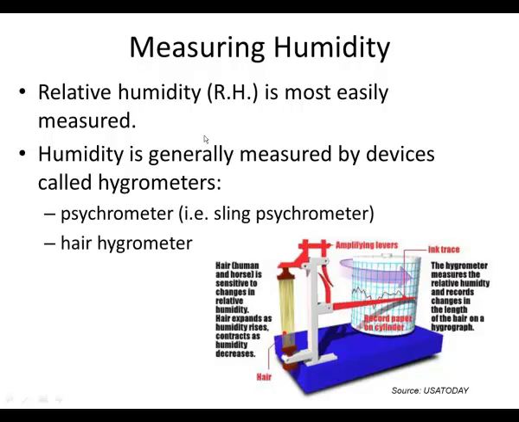Depending upon how kinky or relaxed the hair is in responding to the water vapor in the air, that moves this. You might recognize this drum from when we looked at how you take temperatures ongoing. It's just a drum rotating slowly so you can see what the humidity is throughout the day. So that's a hair hygrometer.